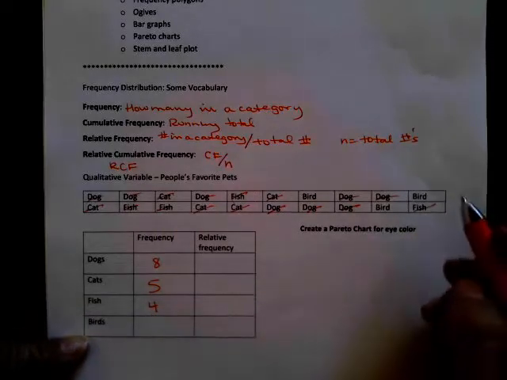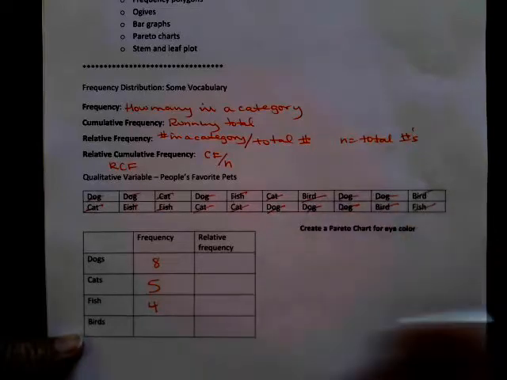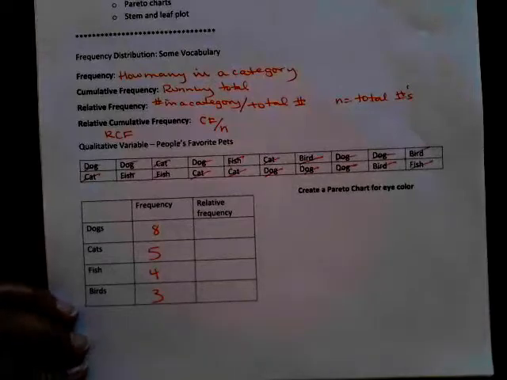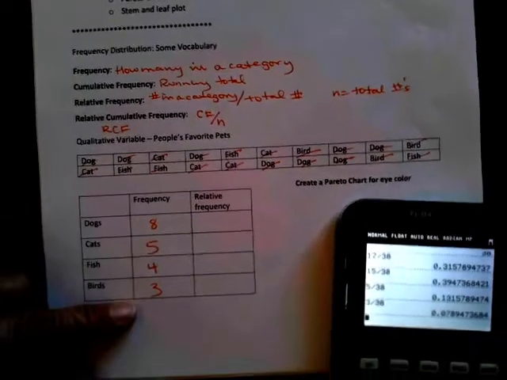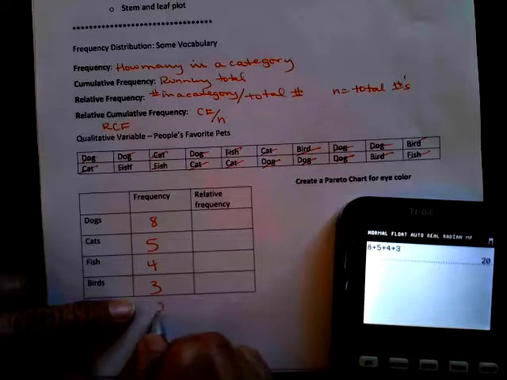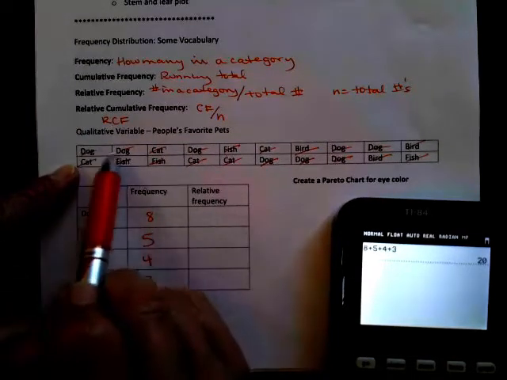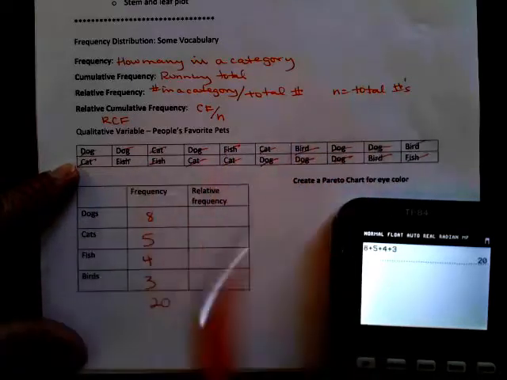And for birds, my last one, 1, 2, 3. Okay, now how many total people did I ask? So we can get that by either adding up our frequencies, so 8 plus 5 plus 4 plus 3, and get 20. Or we could just count how many were on our list. So 1, 2, 3, 4, 5, 6, 7, 8, 9, 10 times 2, 20.